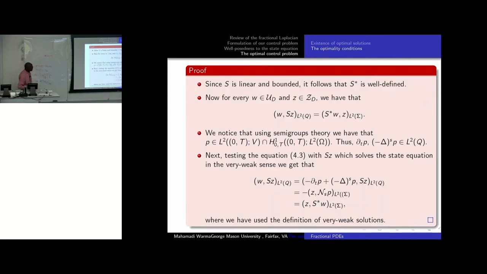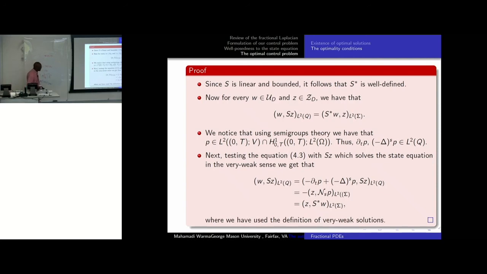How do we compute it? We just take the scalar product of W with S of Z in L2 of Q. That is the dual applied to W, but with Z now in L2 of the complement. Remember that P is nice: the time derivative of P and the fractional Laplacian of P are both in L2 of Q. Then we can test our equation with S of Z, our solution, and integrate using the notion of very weak solution.